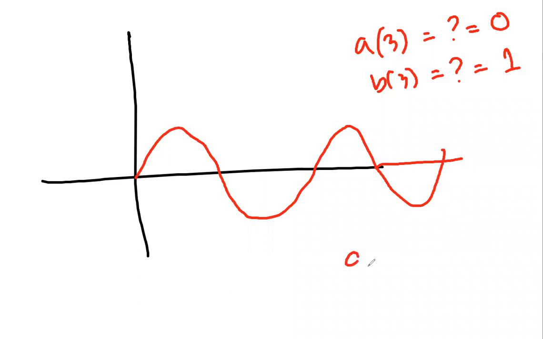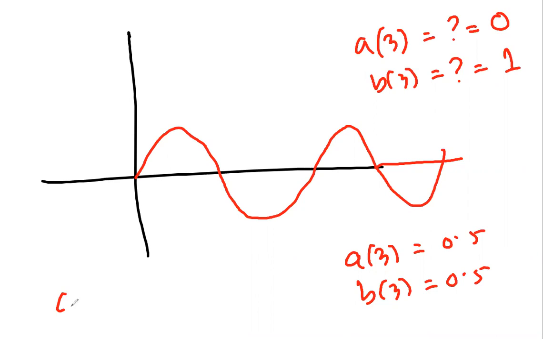If you got A3 equal to 0.5 and B3 equal to 0.5, then what is the phase of that signal?